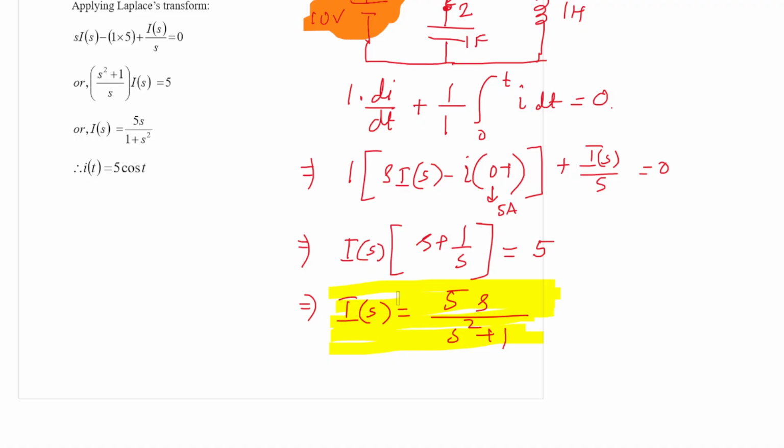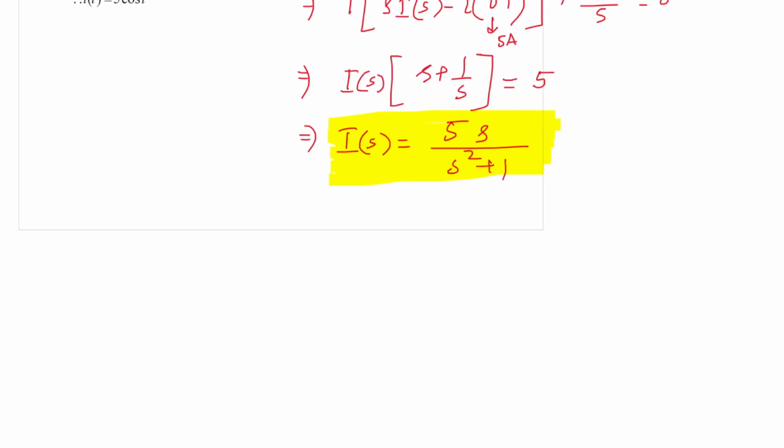So you can directly write i(t) is equal to 5 into cos t. So this is the solution.